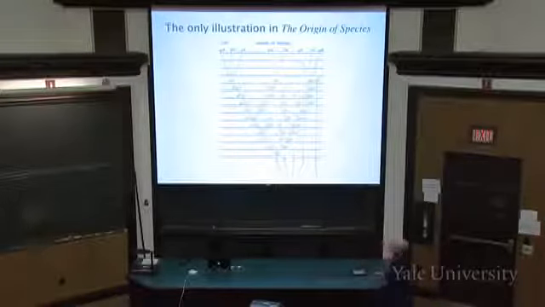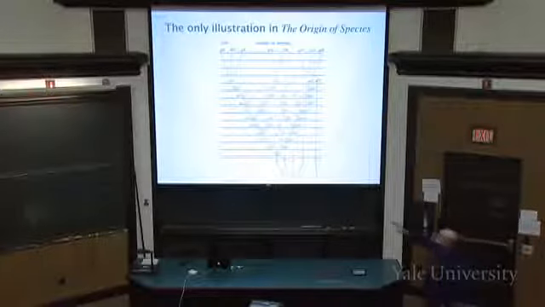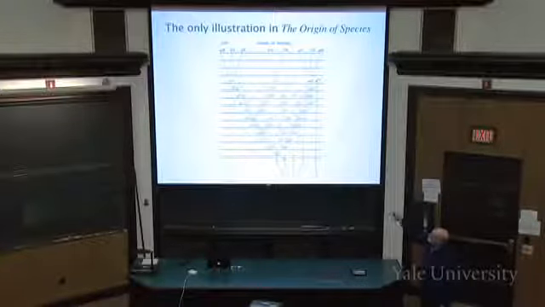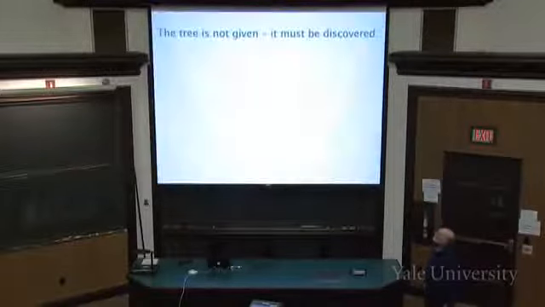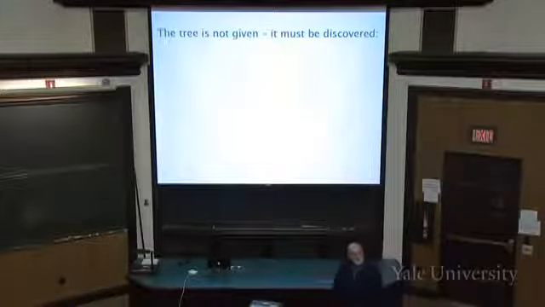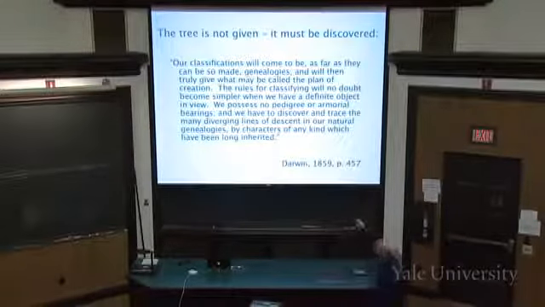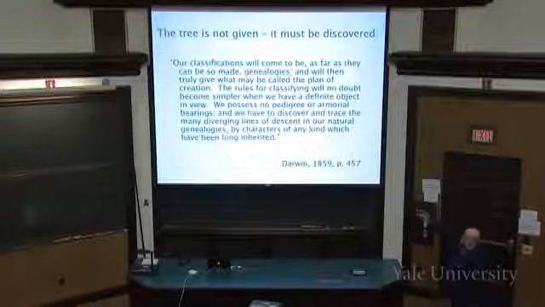He made a sketch of it, and by this sketch, he meant to indicate that a lot of things had gone extinct, and that through ancestry and shared common ancestry, you could define relationship. Now, he could see immediately that the tree isn't given. It should be discovered. He said, our classifications will come to be, as far as they can be so made, genealogies.